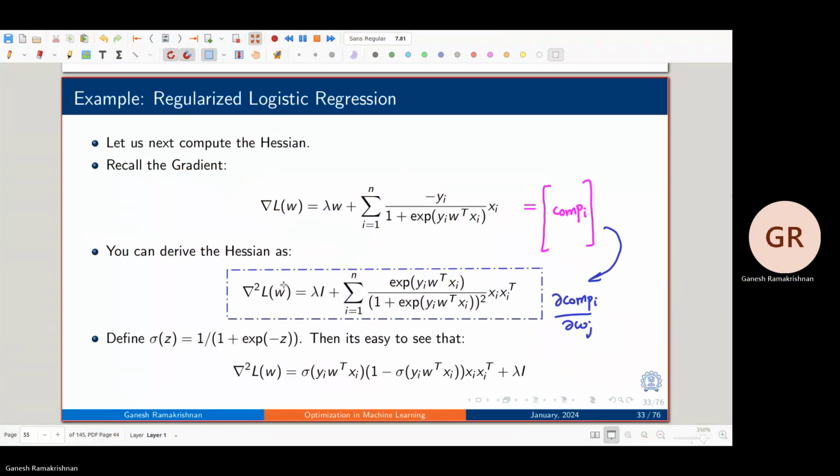Okay. Now what about the Hessian? So gradient is fine. What about the Hessian? Well, the same exercise you have to do once more. But now you'll have to look at all the interaction terms, Xi, Xj, right? Those Xi, Xj terms will actually lead to this outer product. Xi, Xi transpose is what?